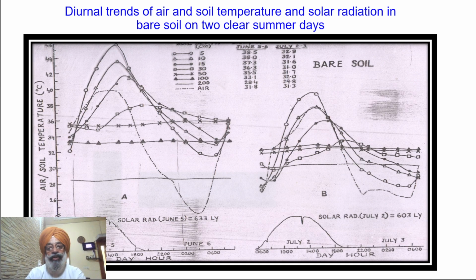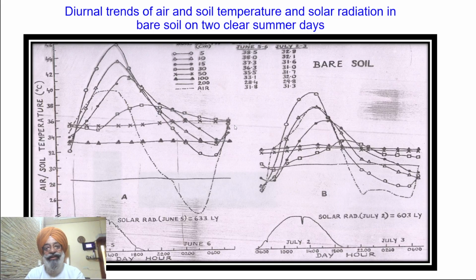Then you can see what happened over here. Of course, the air temperature also decreases. But the diurnal variation trend was almost similar to that of June 5th and 6th.